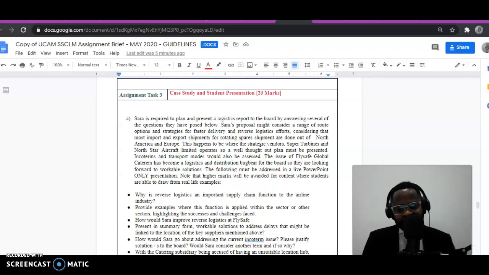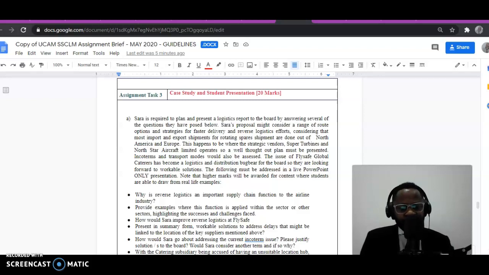When Amazon ships an item to you and the item is not the right size or shape or whatever, you return it, and then Amazon will send you the correct one, at least if they do have it in stock, right? So that is an example. And you can also seek out examples where in aviation we see reverse logistics, right?